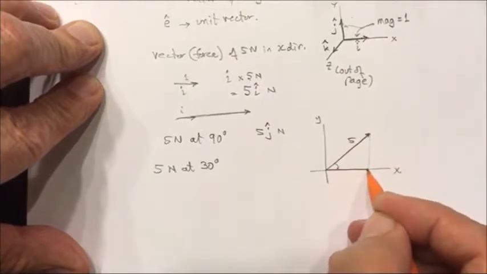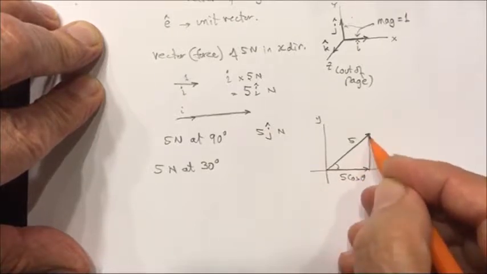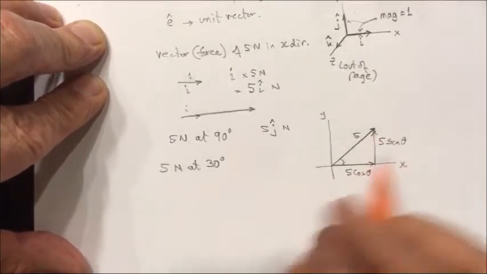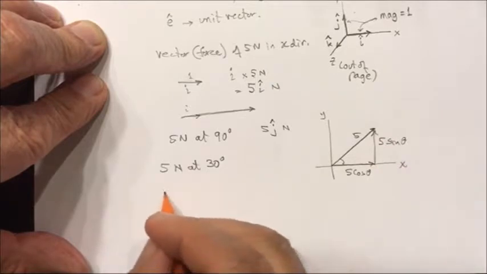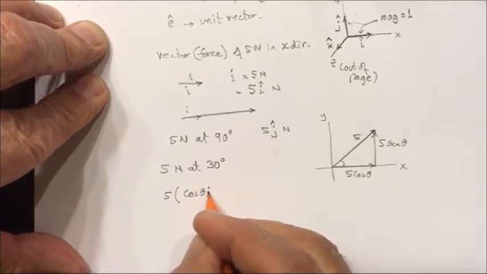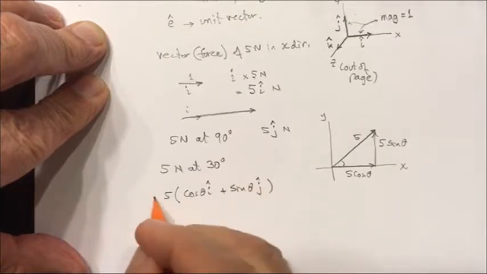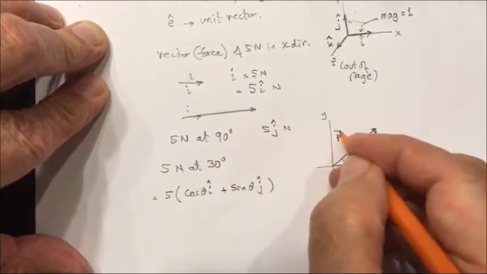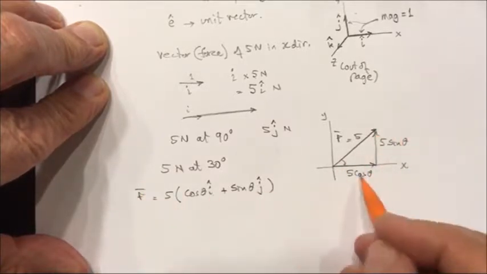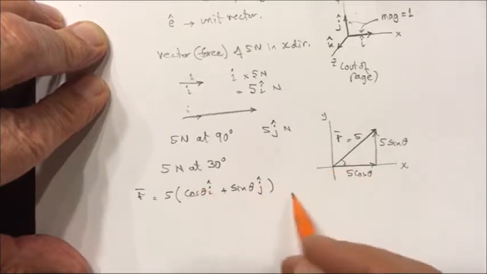This is the x component, which is 5 cos theta, and this is the y component, which is 5 sine theta. 5 is common to both, so we can write it as 5 (cos theta i plus sine theta j). That will be our vector F. So 5 is the length, and the i indicates this is the x component, the j indicates this is in the j direction.